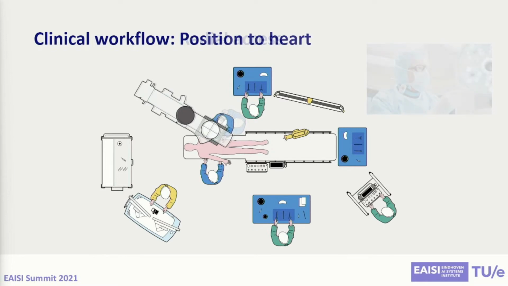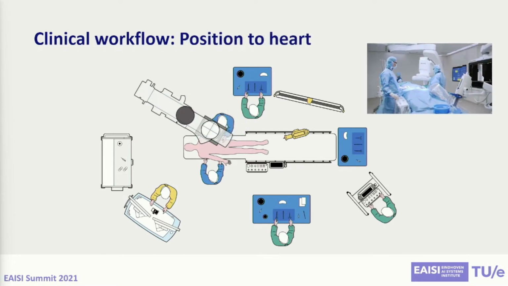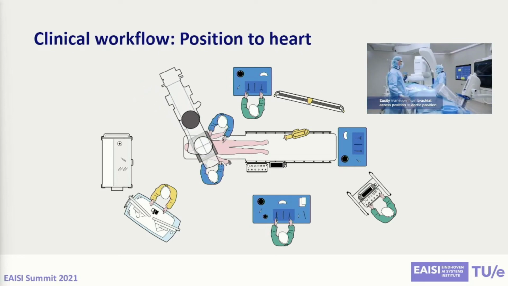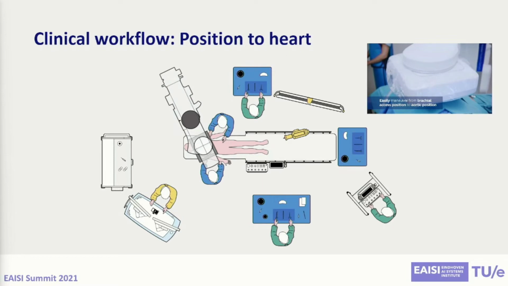How does it look? Well, now from the arm, the physician wants to move the system to the heart, where he is going to perform some imaging. We'll try to see if there are other blockages, for instance, or where the blockage is actually located, and he will try to position the system such that he can correctly place the stent.